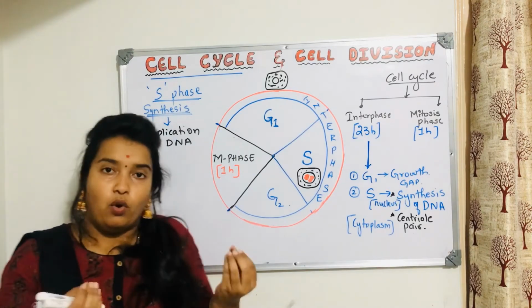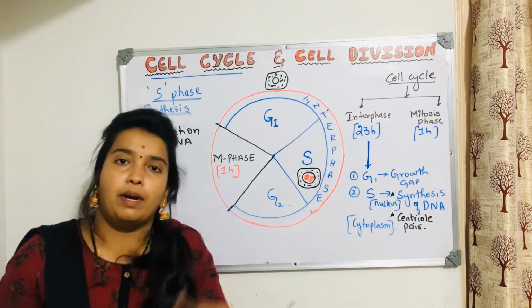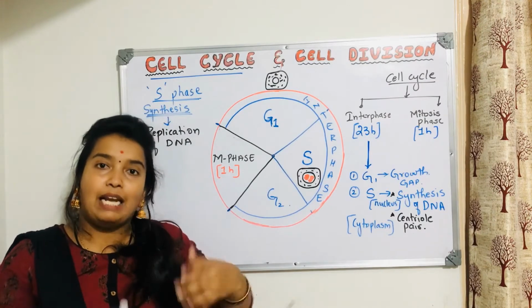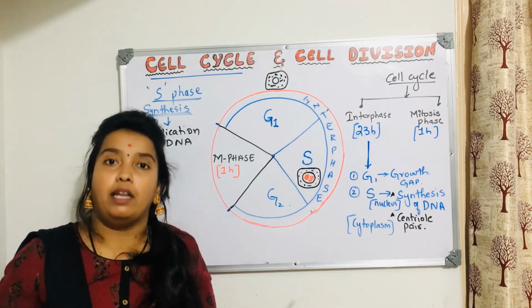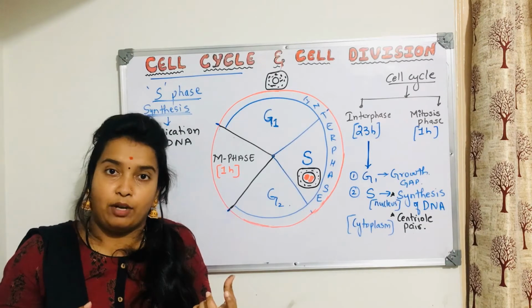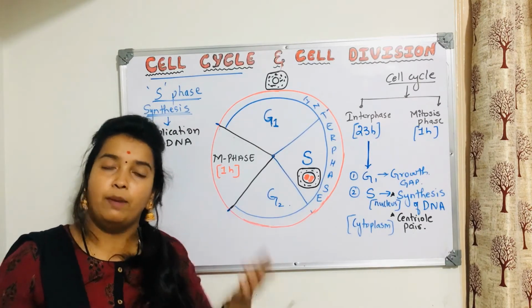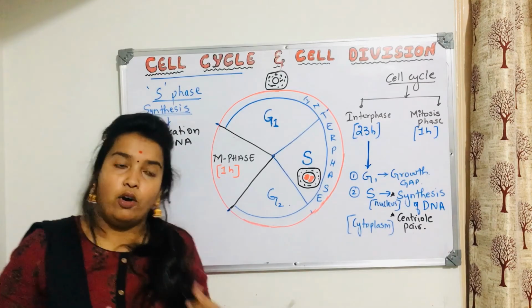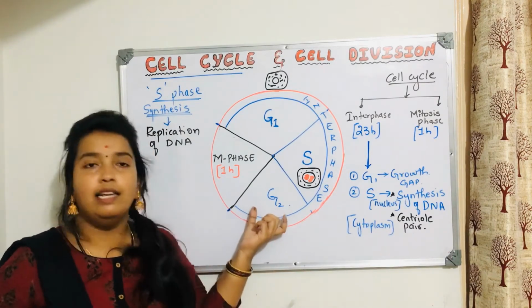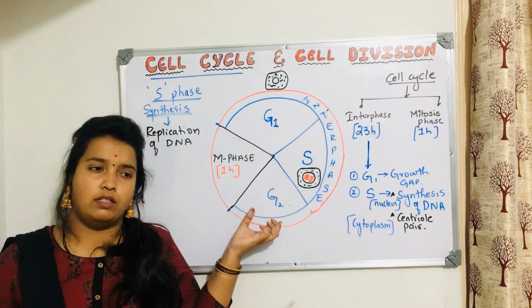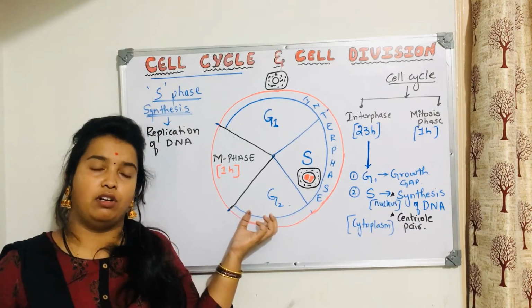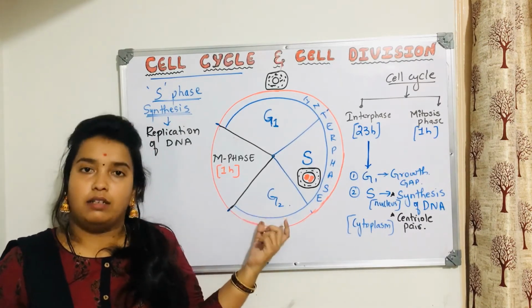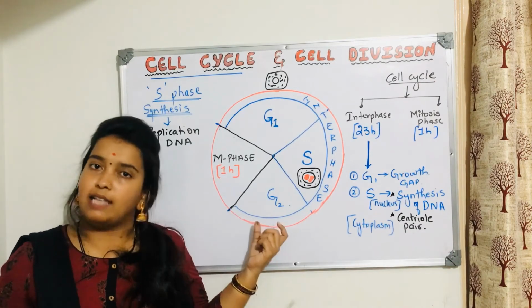Spindle fibers are nothing but microtubules, so slowly that microtubule formation is happening. That is why protein is important, because microtubules are made of protein. So protein production is happening again in G2 phase. It will not take that much time, but protein synthesis happens here.